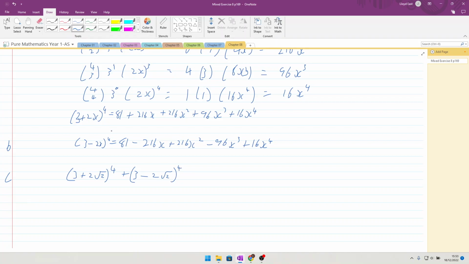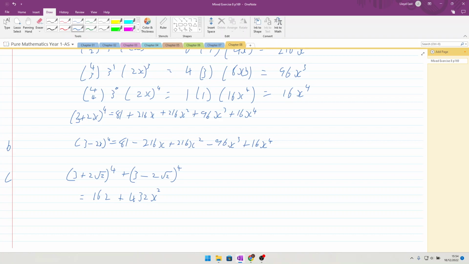As we add both of these together, we're going to get 2 lots of 81, which is 162. The x coefficients cancel themselves out, but the x squareds become 216 times 2, which is 432 x squared.